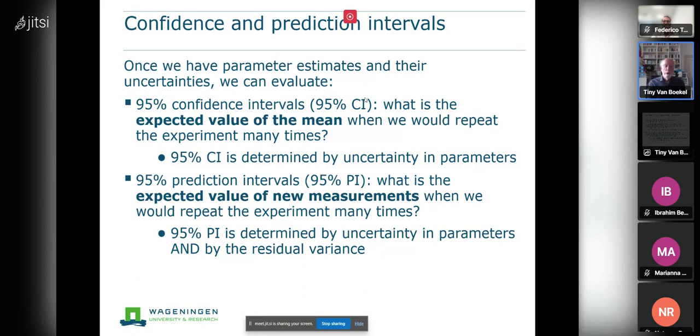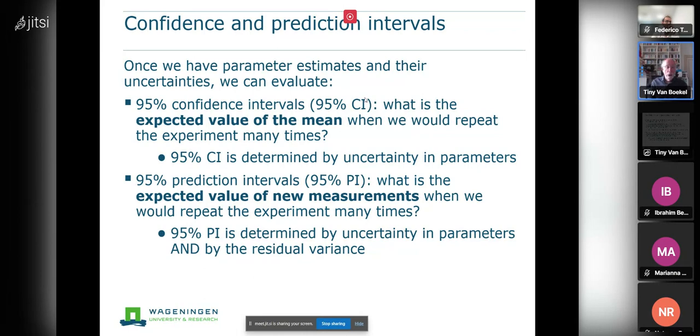In the frequentist world, if you would repeat the experiment many times, how many times will you find the mean back in your interval? This 95% confidence interval is determined by the uncertainty in the parameters. I showed you the standard deviations or standard errors of parameters. Those determine the width of such a confidence interval.